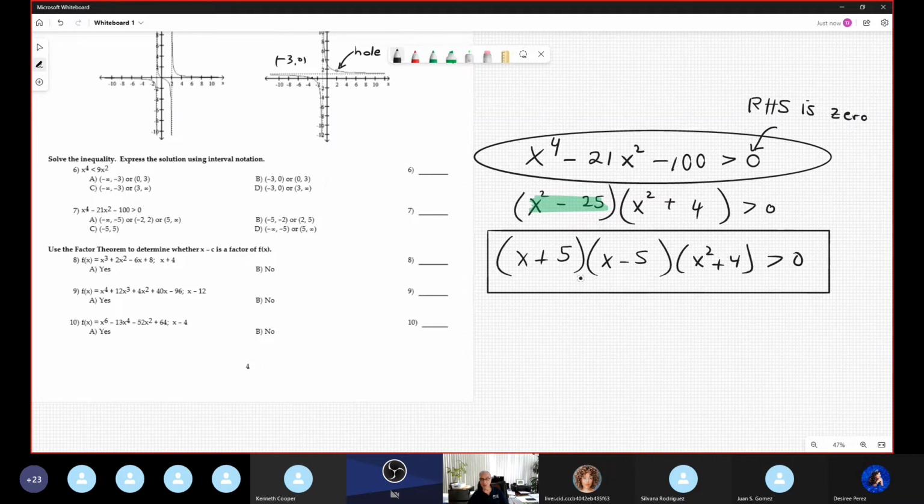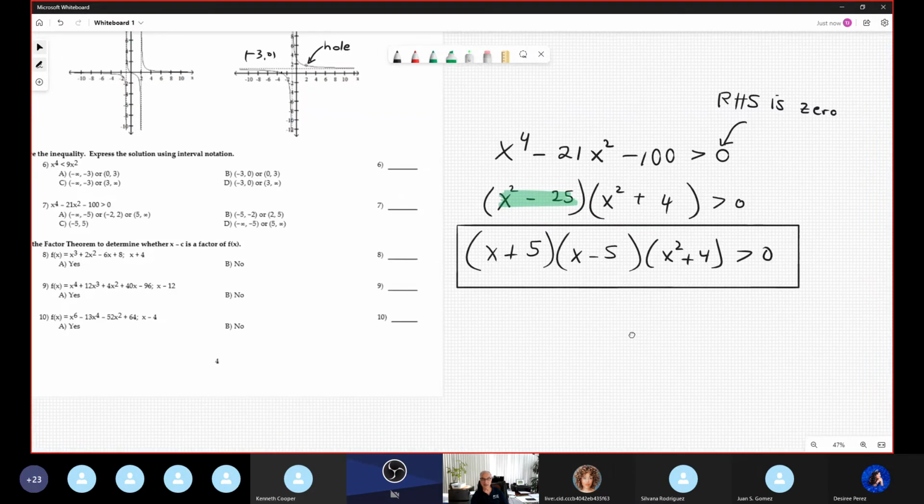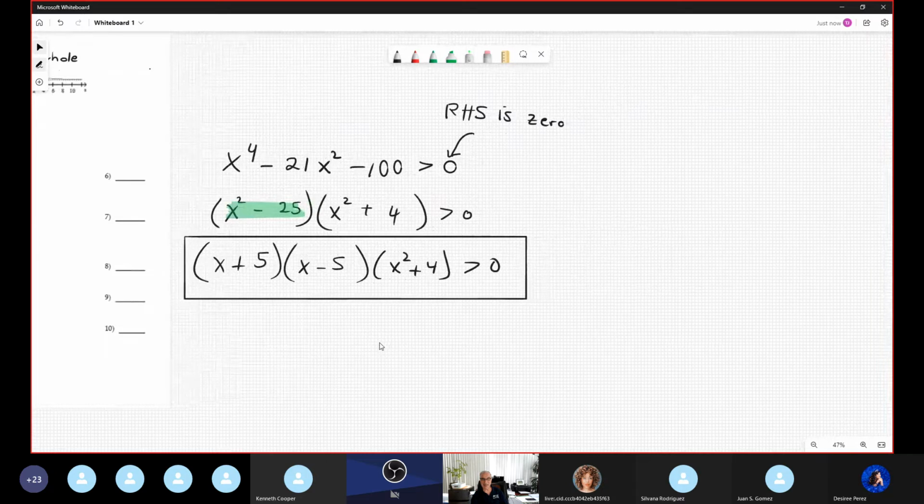Now, again, you apply the fantastic idea of partial delete or totally delete. I realize that this factor is always possible, but this factor never touches 0. So it's important that you see the differences between this parabola and this parabola.